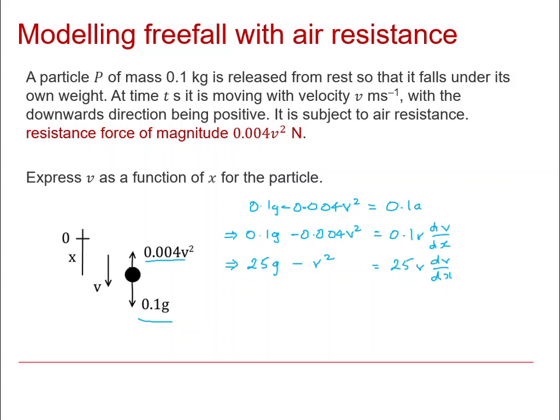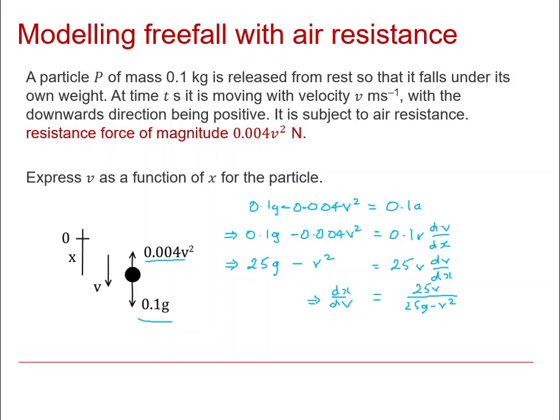Well, in fact, what I would anticipate really is having dx by dv as, so I'm going to get 25v over 25g minus v squared.